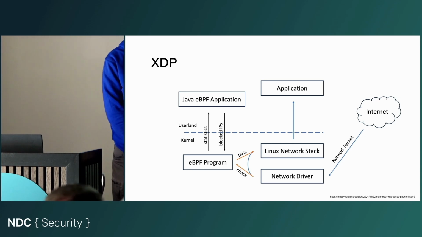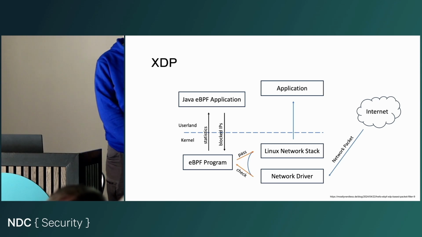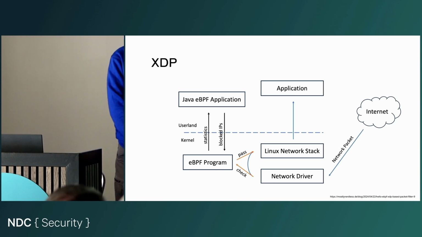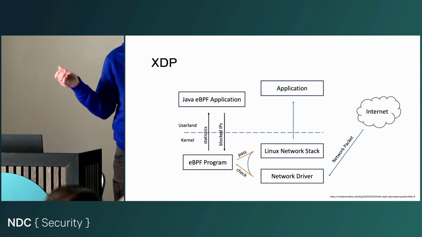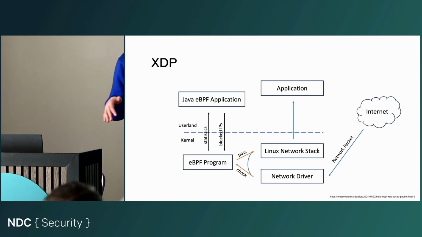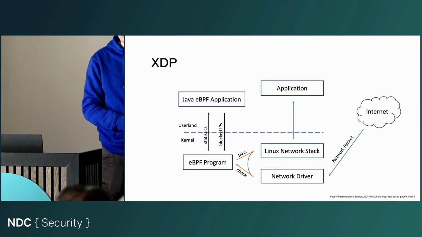What should I do with this packet? And we then analyze it and either say, yeah, that's fine, let it through, or no, please drop it. And the other thing we can of course also do is log. So we can say, yeah, pass it through, but I stored some sneaky information.